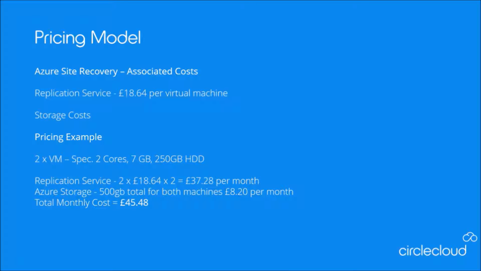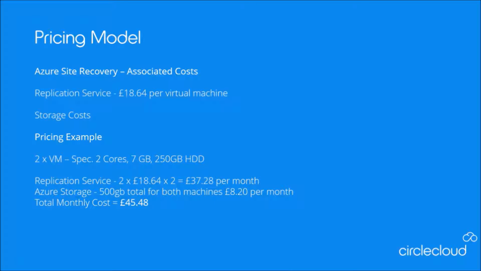If we had 2 virtual machines and both machines had the same spec, 2 cores, 7 gigs of RAM each, and a 250 gig hard drive each, we'd have to pay for 2 replication services to Azure, which is £18.64 times 2, giving us £37.28 per month.